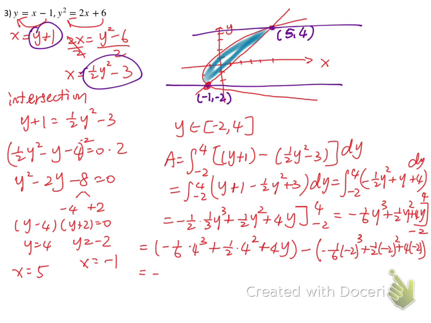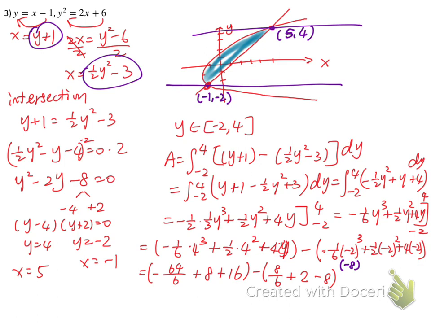Work them out. This is -64 over 6 plus 1/2 times 16, 8 plus, oh sorry, I don't have 4y, I have 4 times 4, plus 16, minus, I'm having negative and 3 negatives, so the whole thing is positive. This is -8. So I'm having -1/6 times -8, positive 8/6, plus 1/2 times 4, that's 2, minus 4 times -2 gives me -8.